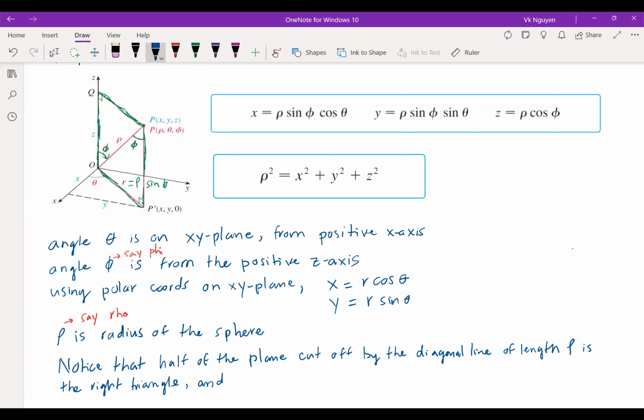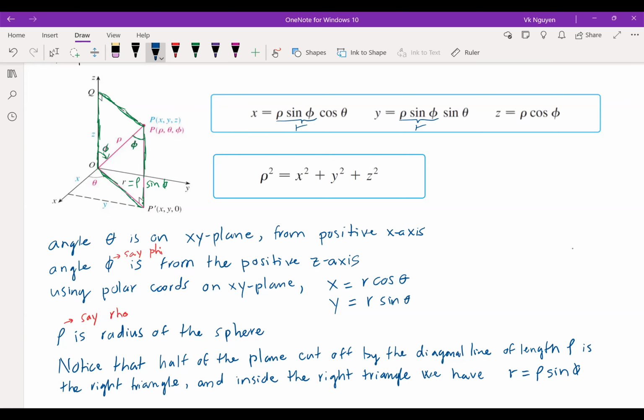And inside the right triangle, we have r equal rho sine phi. And that is why you see that this is r right here.